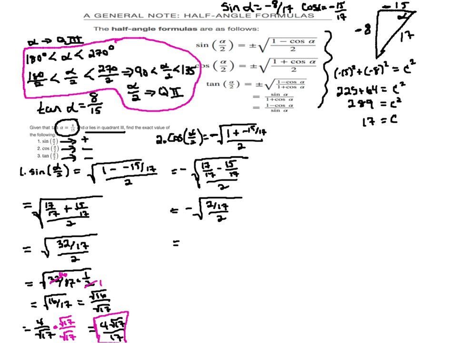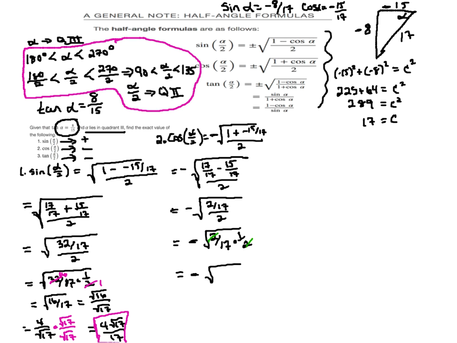over 2. I never divide fractions. I multiply by the reciprocal. So 2/17 times reciprocal, 1/2. So that's negative, oh, my 2's divide out there. That'll make it even easier on me.